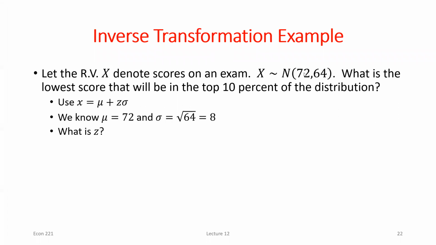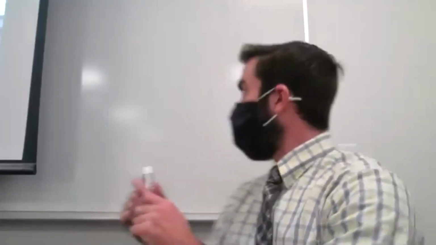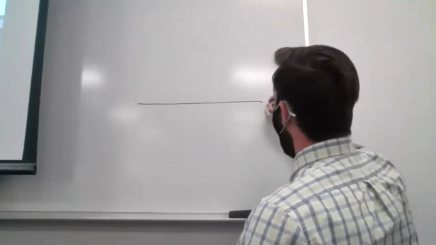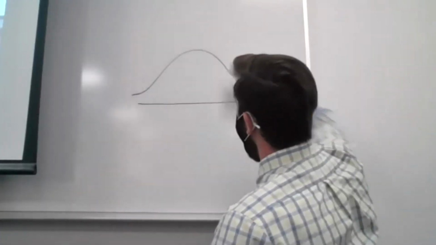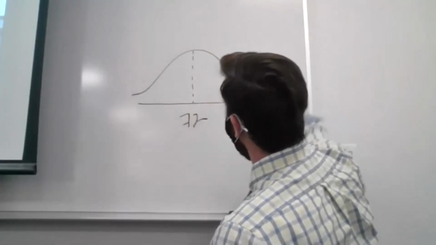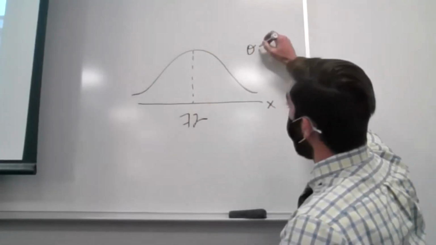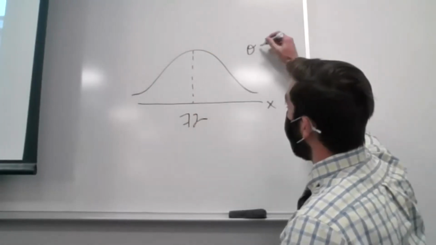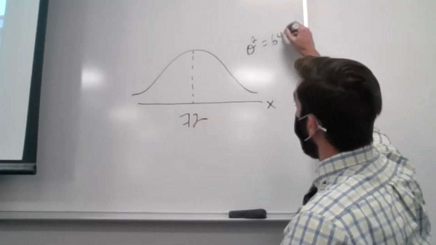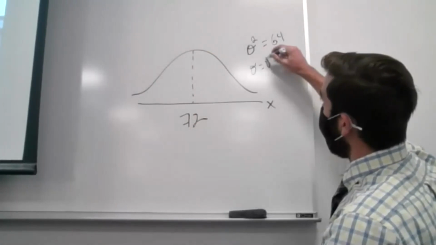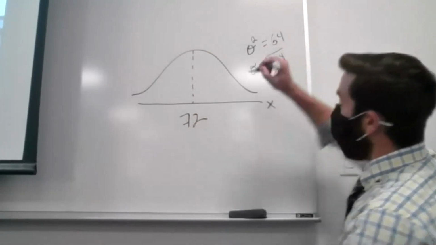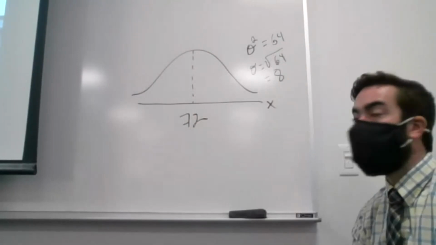So we've got the mean is 72, the variance is 64. What's the lowest score that would be in the top 10%? Or said differently, what's the cutoff for that top 10%? Right? Well, we think about this. So I've got this variable x. I know it's normally distributed with a mean of 72, and if my variance was 64, my standard deviation would just be the square root of that, or 8, okay?